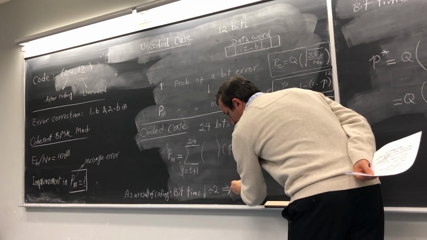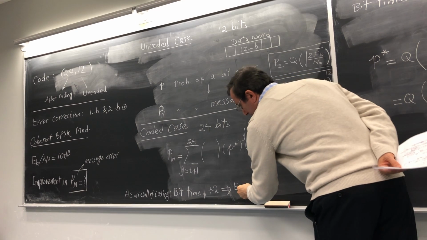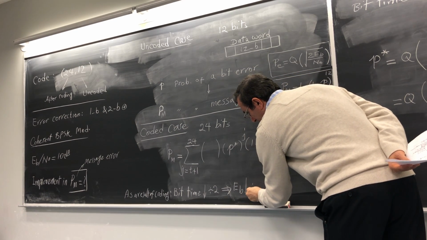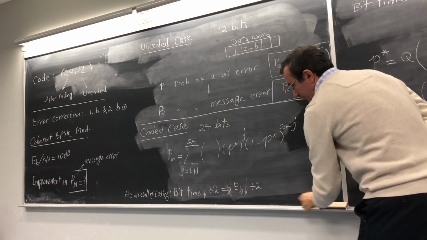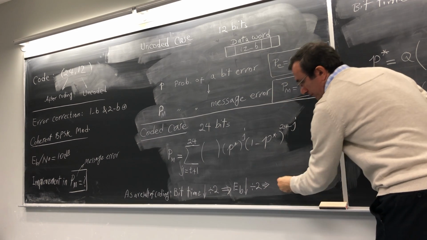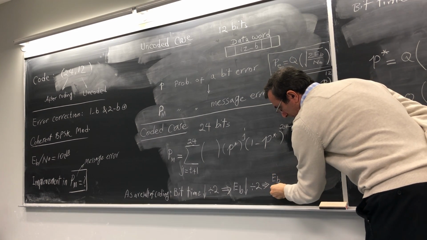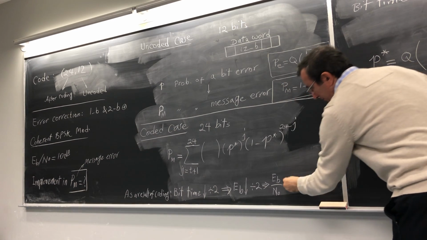So the energy of a bit goes down by a factor of 2. The same happens to the signal to noise ratio.